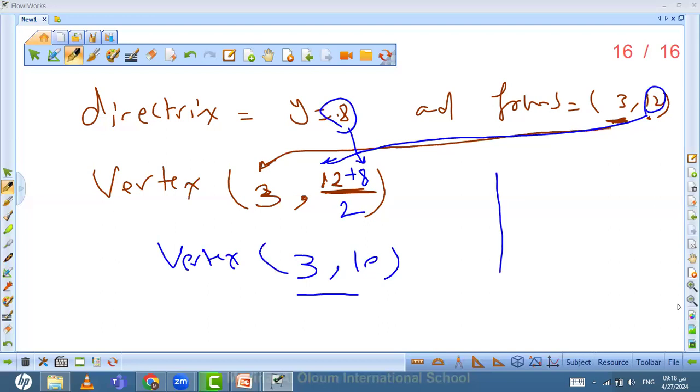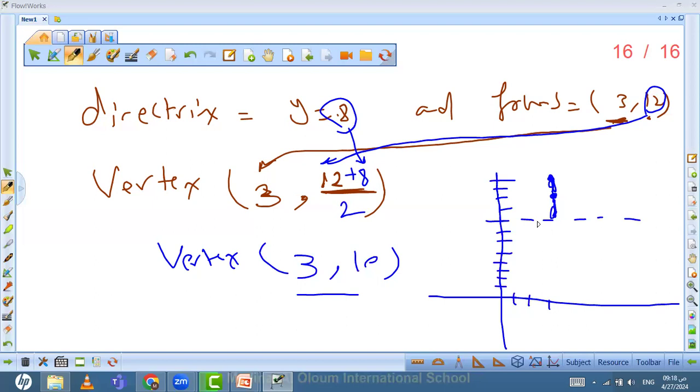Let's check if it's logical or not. My focus: run 3, rise 12. 1, 2, 3, 4, 5, 6, 7, 8, 9, 10, 11, 12. And my vertex is 3, 10, and my directrix is 8. Right, guys, this distance equals this distance.